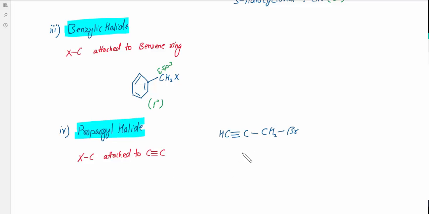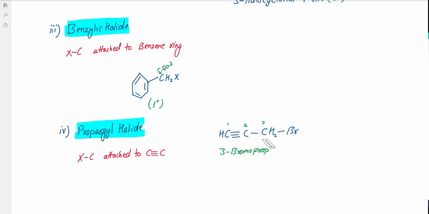So the name for this is, again, the multiple bond has the highest priority, so the name here is 3-bromo. There are 3 carbons, so 3-bromopropyne, right? Now the triple bond can have multiple possible positions.